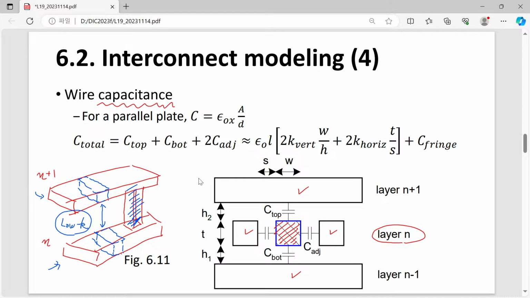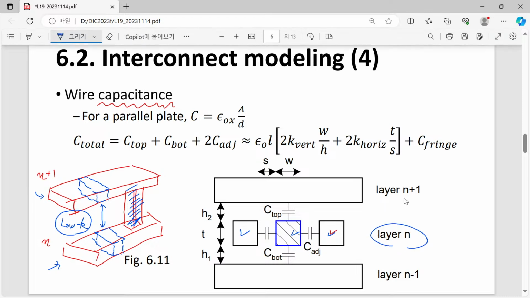So now let's come back once again to this central metal wire. If we have this kind of configuration, I mean that in layer n we have several running wires, and we assume that the n plus 1 layer, the top layer, and the bottom layer are just given by very wide metal plates. In this case, we can see that the intra-layer capacitance can be obtained this way.